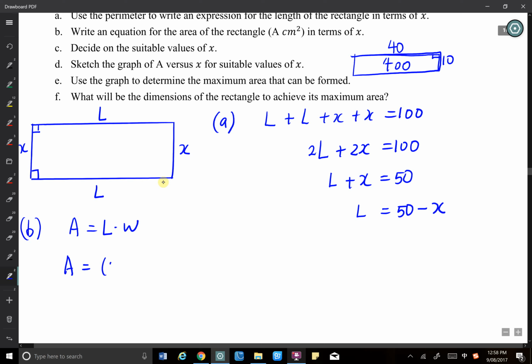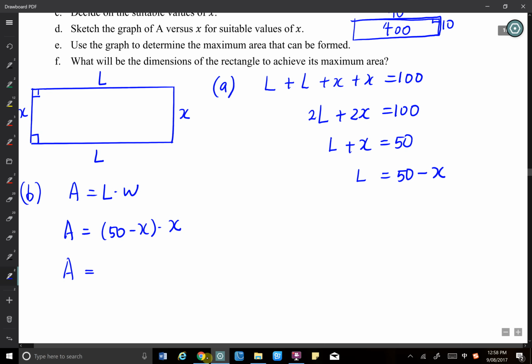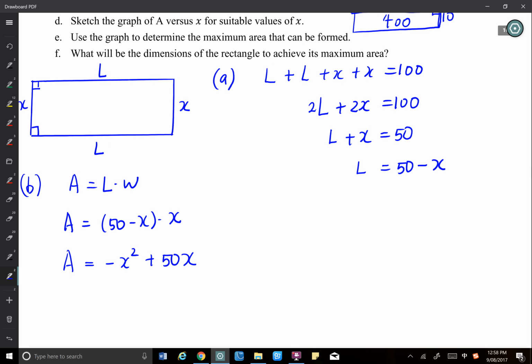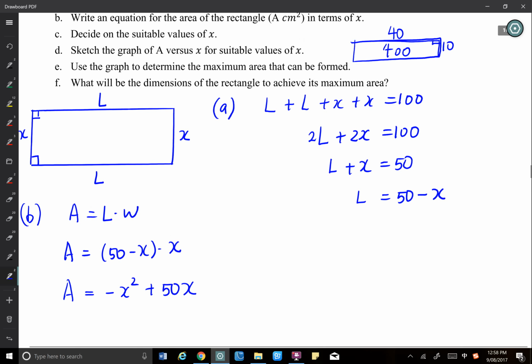Area will be 50 minus x times x. Or I can also say that's minus x squared plus 50x in the expanded form.